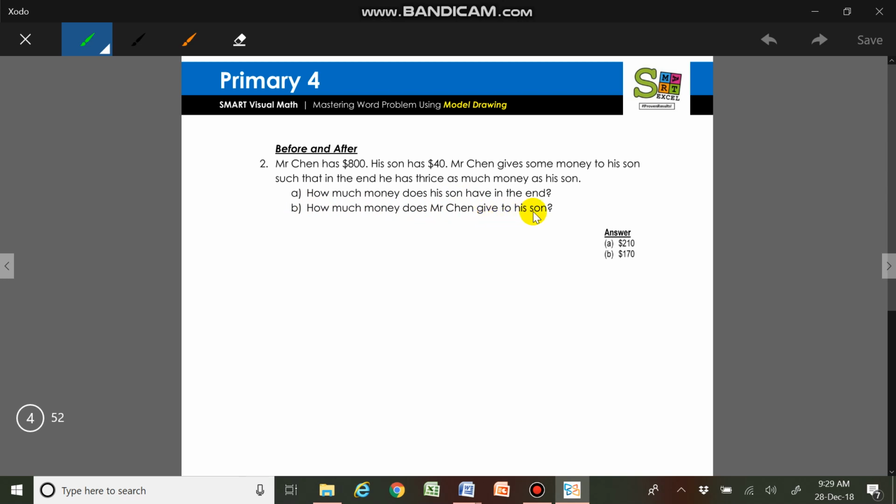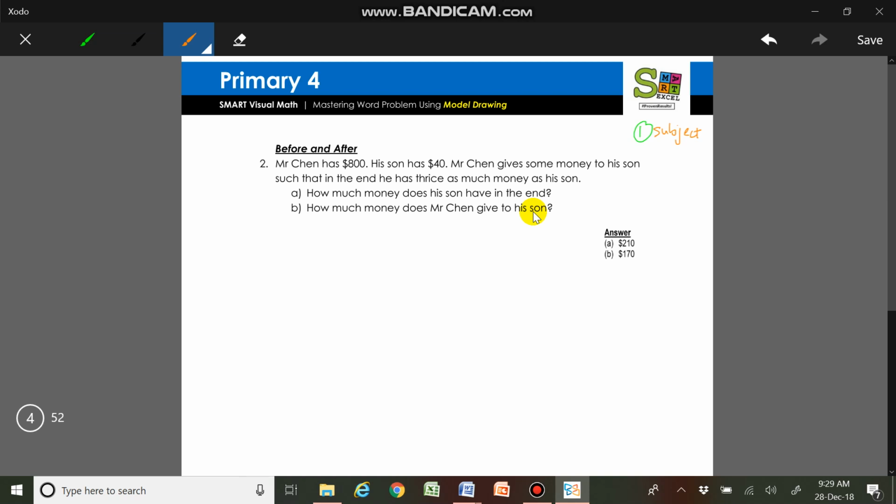Alright, this is a before and after model where you have two scenarios: before he gives to the son and after he gives to the son. Like I told you in my previous video, we have these three steps that we always follow. Number one is the subject. Subject again is what they talk about.